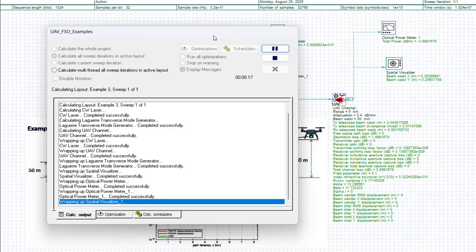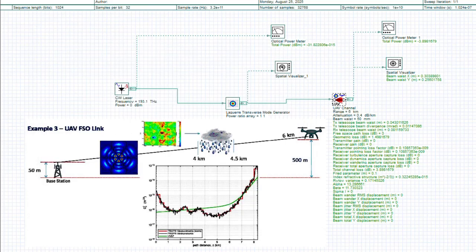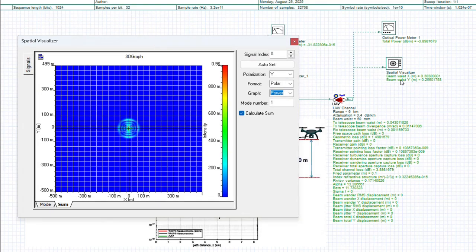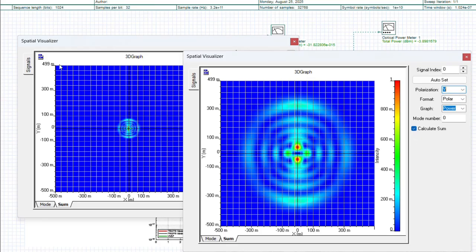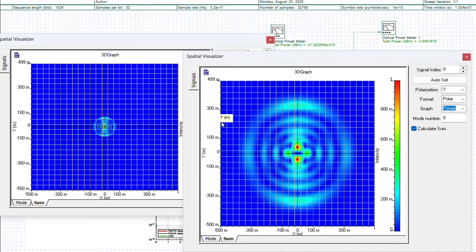As such, one has to ensure that the numerical window is large enough to capture the complete mode. If we observe here, this is, for example, the initial summed mode in the Y. And if we look at the Y mode that's summed at the end, you can see that the mode within the same fixed numerical window has expanded significantly as it propagates, and this is expected.